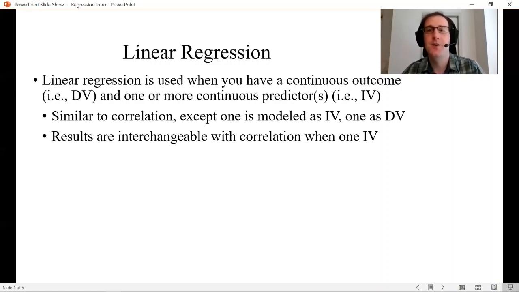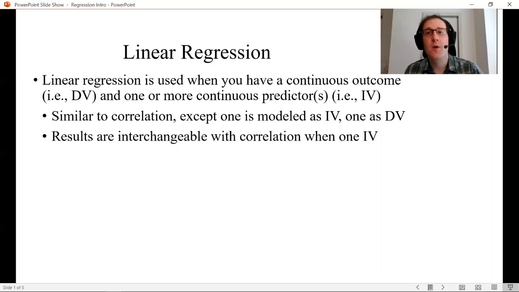That is, you're assigning what you think their role is. Where one is modeled as the independent variable, that is the variable that's influencing an outcome, and one is modeled as the dependent variable, that is the one that is being influenced. So when you're running this regression, you're basically coming at this research question thinking that one of them is causing or influencing the other.